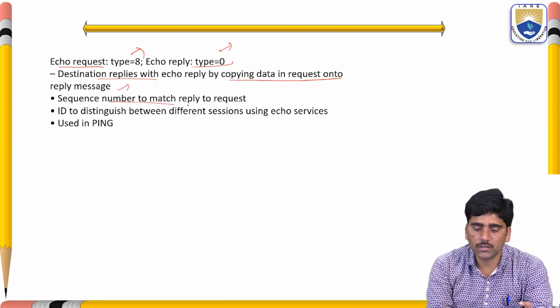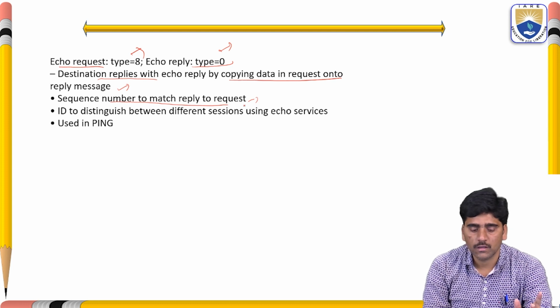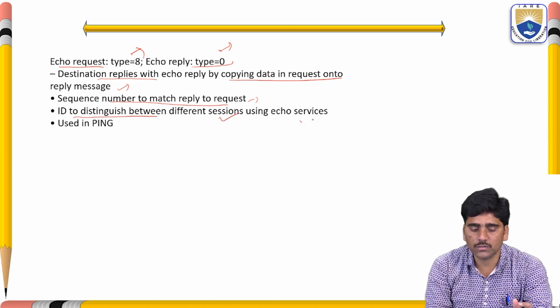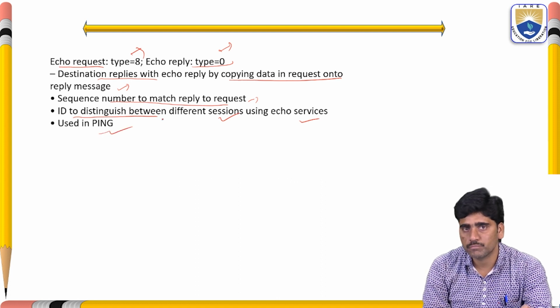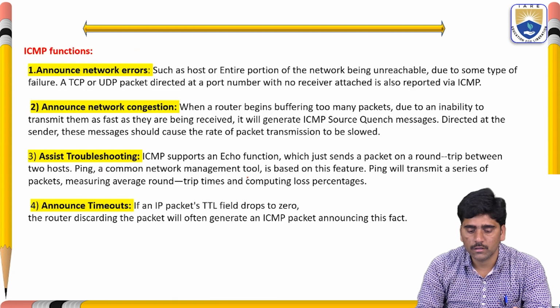The sequence number matches the reply to the request, and the ID distinguishes between different sessions using echo services, as used in the ping command. So these are the echo request and echo reply message formats.